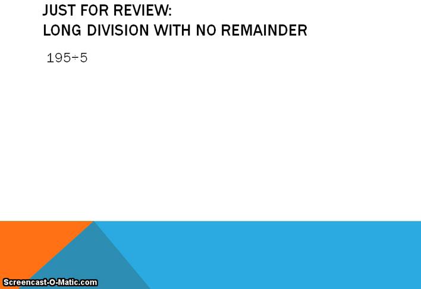So just for the review at first, we're going to try doing some long division with no remainder. Okay, so we have 195 divided by 5. And first thing we have to remember is which number will go on the outside of the little house here.